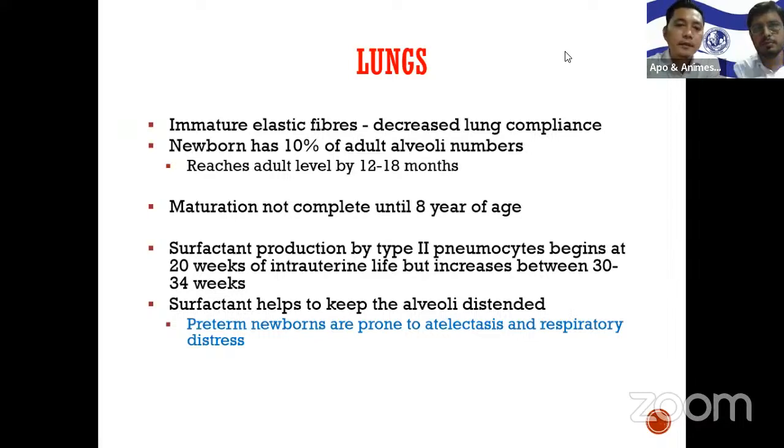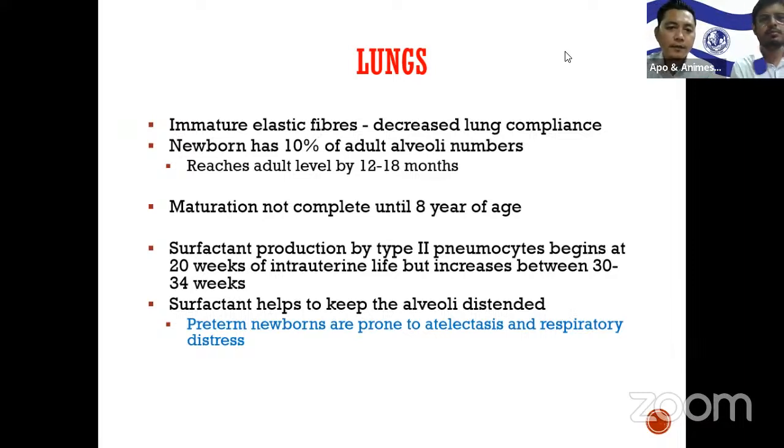Coming to the lungs, they have immature elastic fibers. Therefore, lung compliance is decreased, and the newborn has 10% of the adult alveolar number, which reaches adult level by 12 to 18 months of age. Then the maturation is not complete until 8 years of age.